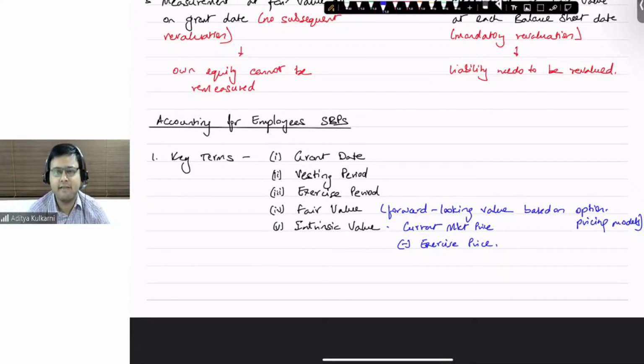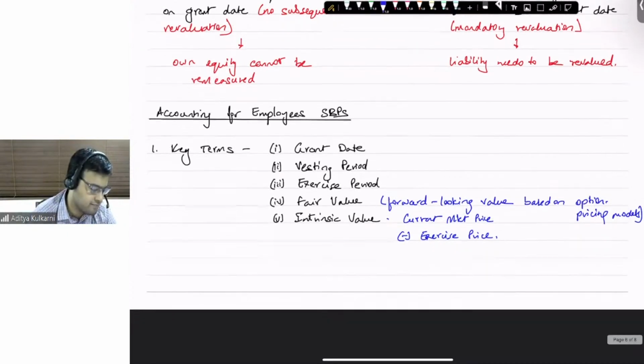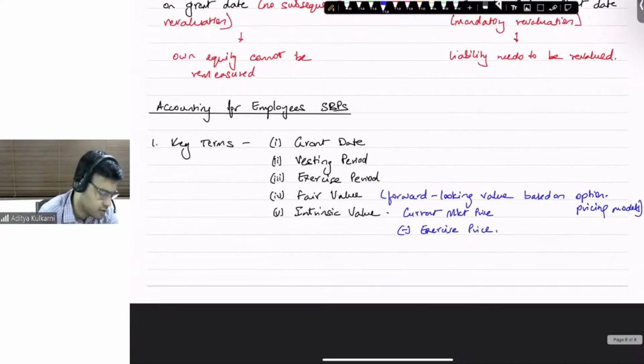Intrinsic value was a concept for share-based payments, employee stock option plan accounting under the previous guidance note. But that is not a requirement here. All these definitions are there in the presentation which I have shared with you.